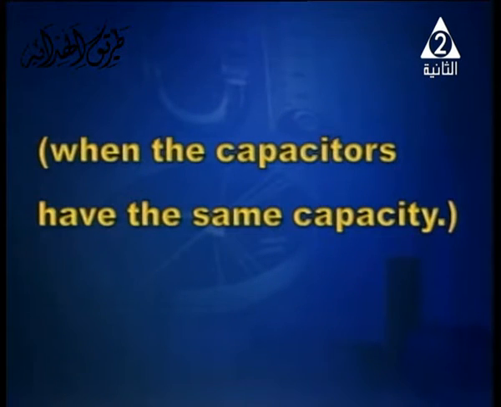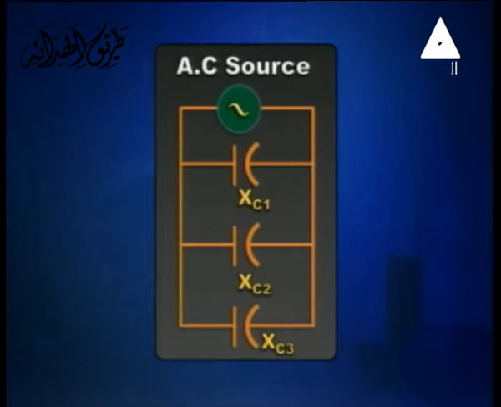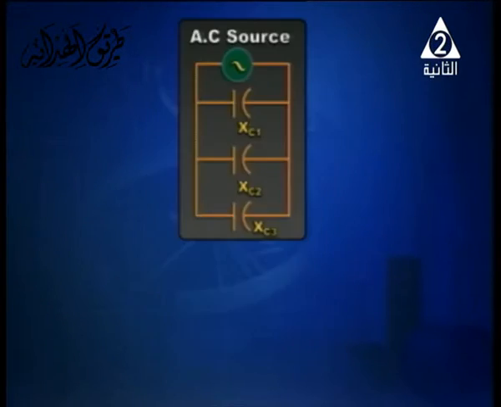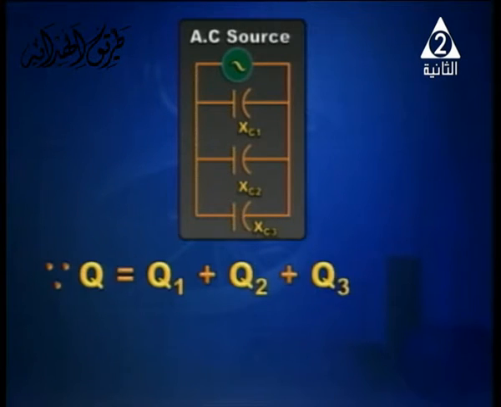And what about if they are connected in parallel? Talking about parallel connection, it is shown in front of you. We've got 3 capacitors connected in parallel to the supply, and we want to obtain the equivalent capacitance. Q is equal to Q1 plus Q2 plus Q3.